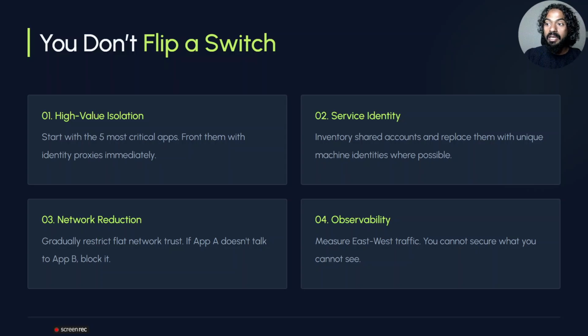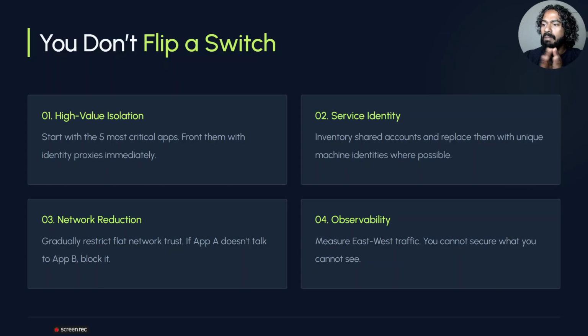You reduce flat network trust in phases, based on criticality. Then you start measuring the east-west traffic also, right? Zero trust is actually a journey of controlled reduction of implicit trust. Overnight you cannot do that, but do it in a controlled manner, in phases. At the end of the day, it's a journey where you keep reducing all the implicit trust you had in your legacy.